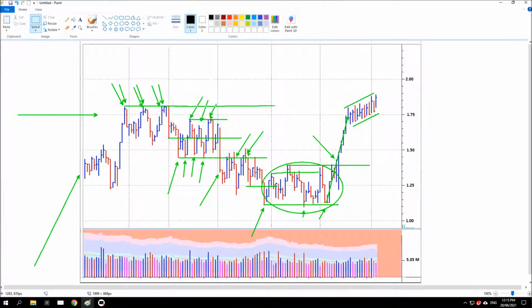Remembering you've got the old highs to the left. People would have been buying in here as the professionals sold to them. And they've either had to sell out for a loss as price moved lower, or they're holding to get out at break even.